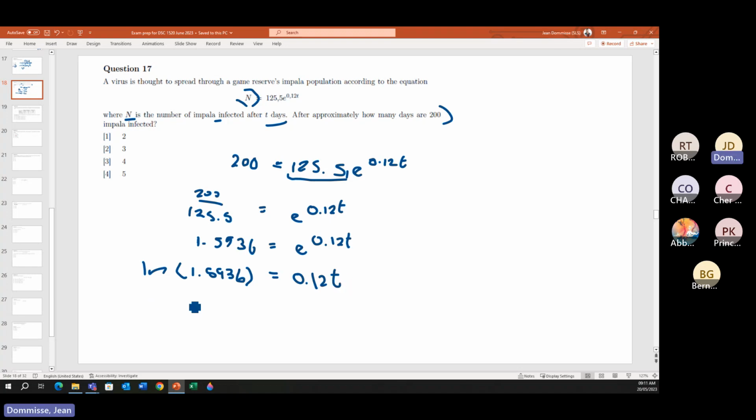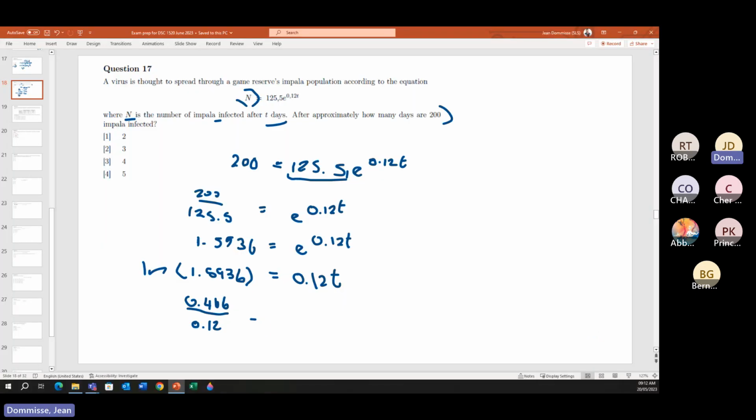And if we then take that log, let's just make sure I get 0.466. If we need to divide that by 0.12, it goes again. I still don't know why my screen actually does that.